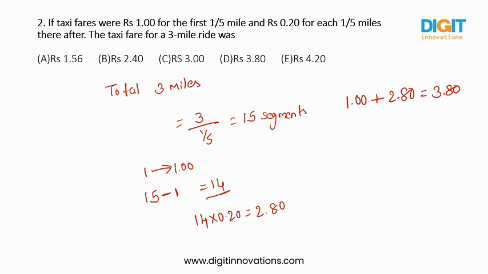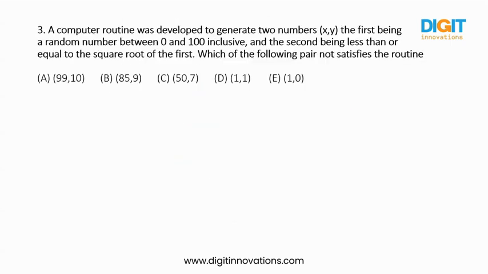It was divided into 15 segments: for the first one it would cost 1 rupee, and for the remaining 14 it would cost 0.20. So 14 into 0.20 gives 2.80, and when you add the first 1 rupee, you'll get 3.80 rupees. I hope you're clear. Then I'll go to the next question.